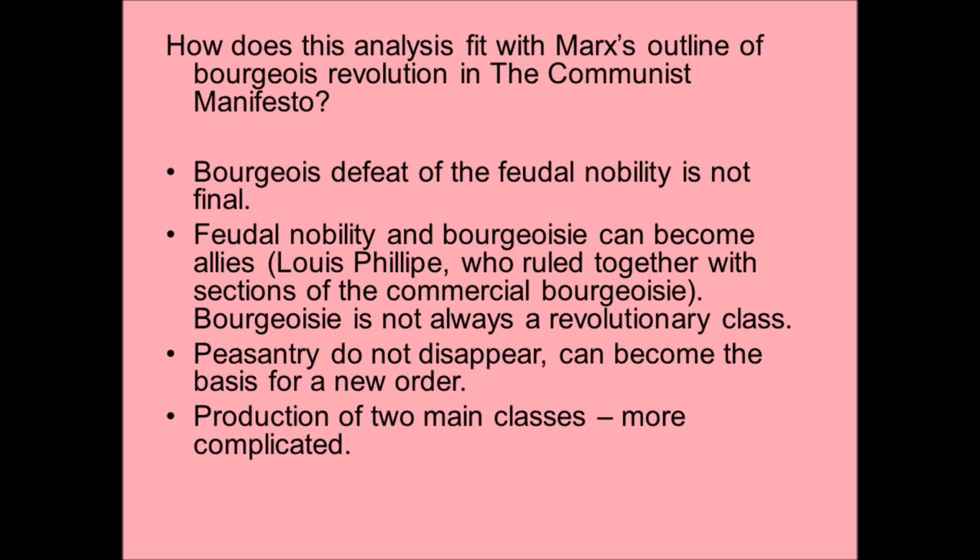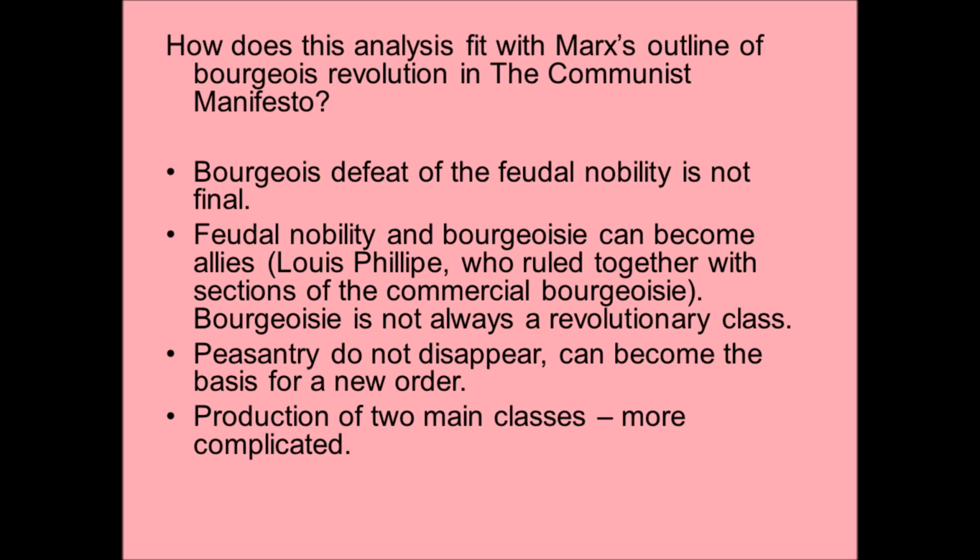So how does this historical analysis fit with Marx's outline of bourgeois revolution that he gives us in the Communist Manifesto? Well, there are several points that we can see. One is that the bourgeois defeat of the feudal nobility is not final. We can see that there's a move back and forth from the bourgeoisie to the military general to the bourgeoisie, and with even some contestation from the proletariat, but the bourgeois defeat does not happen in one step.